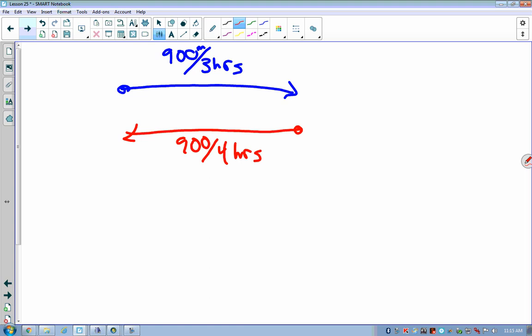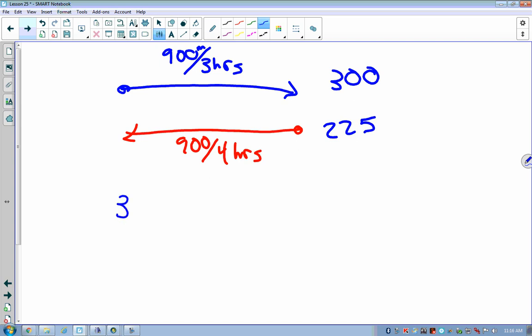It's the average. So what is his miles per hour with the tailwind? Well, 300 miles per hour, right? What is his speed with a headwind? What's 900 divided by 4? 225. All right.